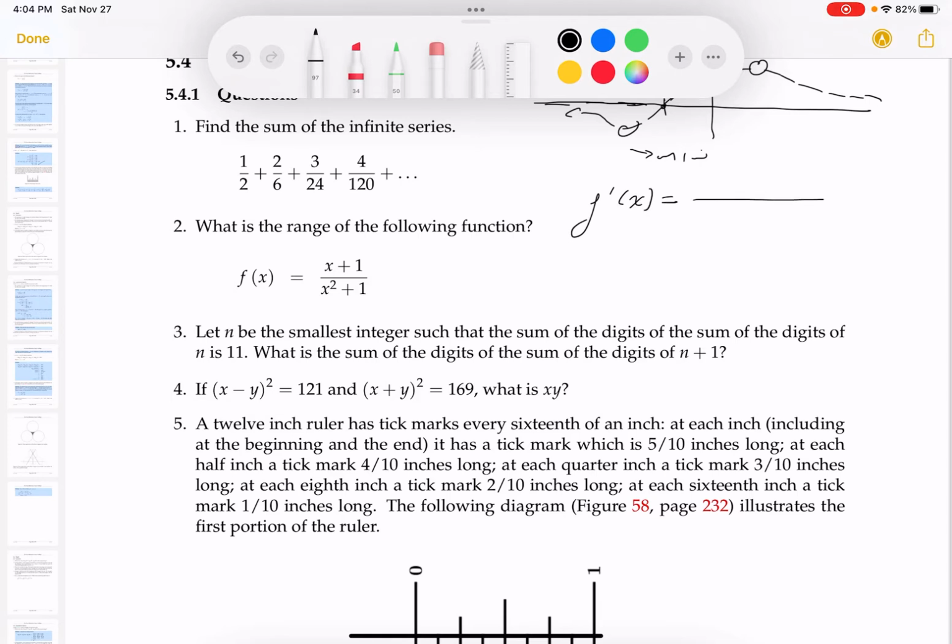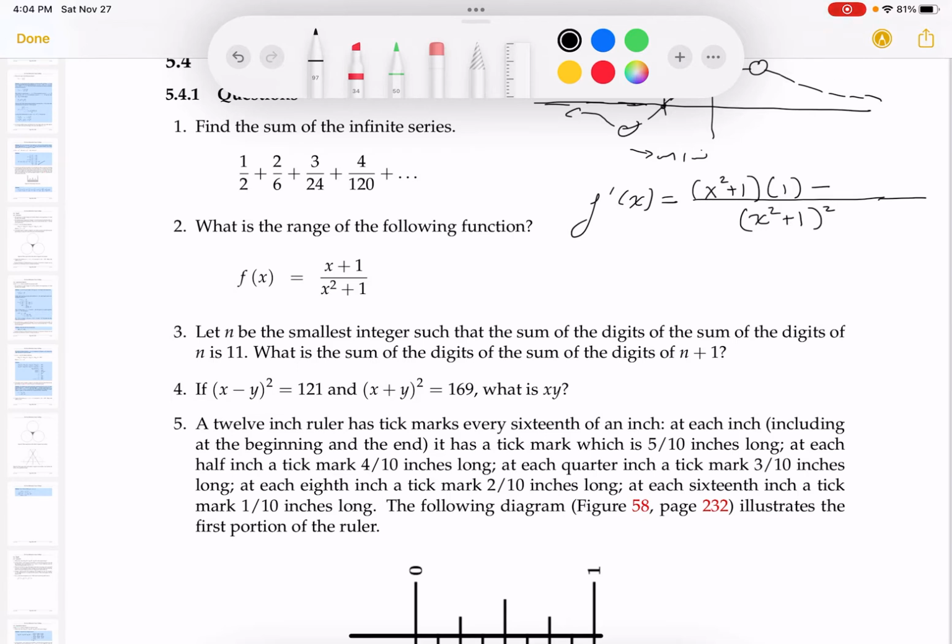And I'm going to use the quotient rule. So it's going to be x squared plus 1 squared, x squared plus 1 times 1 minus, if this doesn't prove to be productive, I would go back to the pre-calculus method.